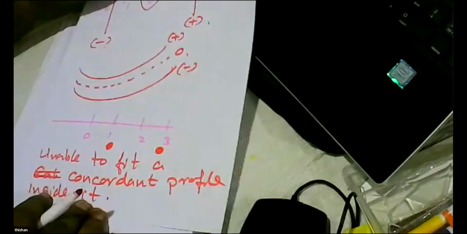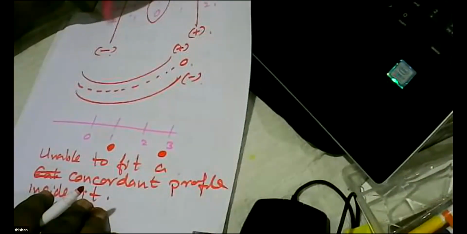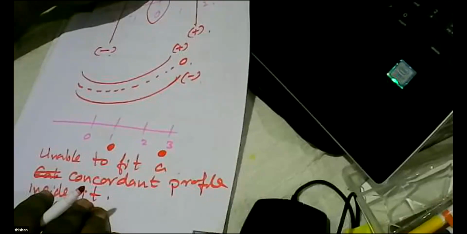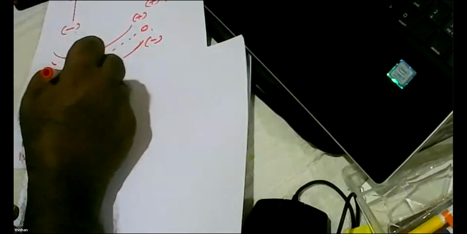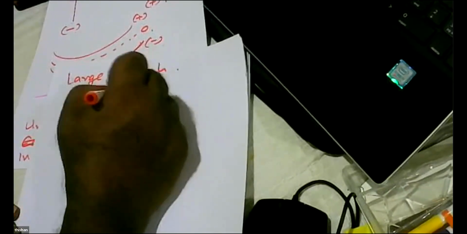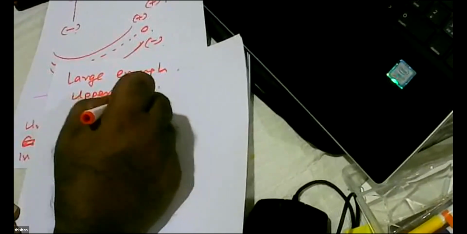Now we are getting an additional condition which says if we are to get 0 secondary moment or concordant profile, then we have to select a pre-stress large enough so that when you fit upper, we get a positive, and when you fit it lower, we get a negative.